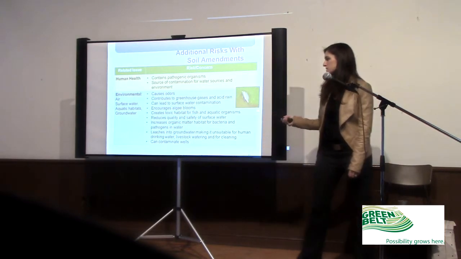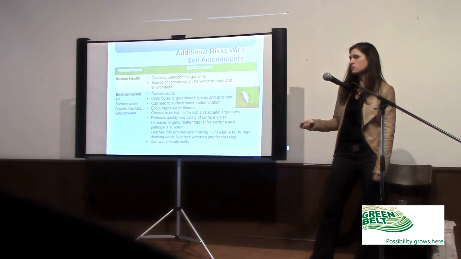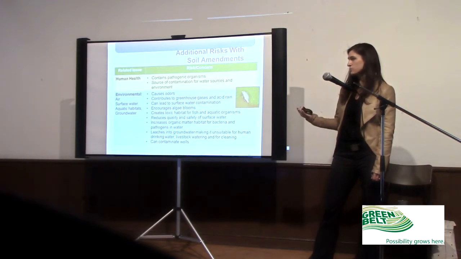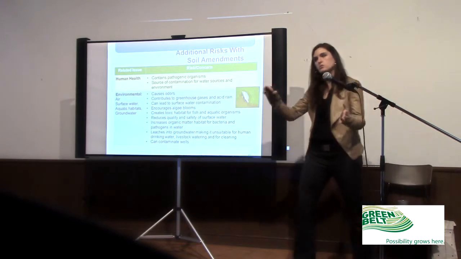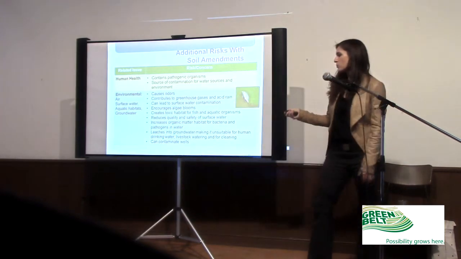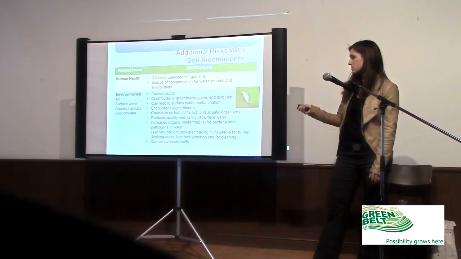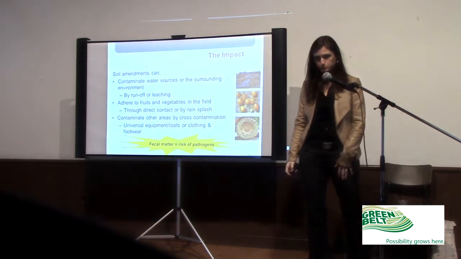Environmentally, in certain cases, if too many nutrients are running off into our surface water, that can create algae blooms, which can suffocate the fish and kill wildlife and whatnot. So those are secondary features. We're looking at human health, but these are things to keep in mind as we go through.